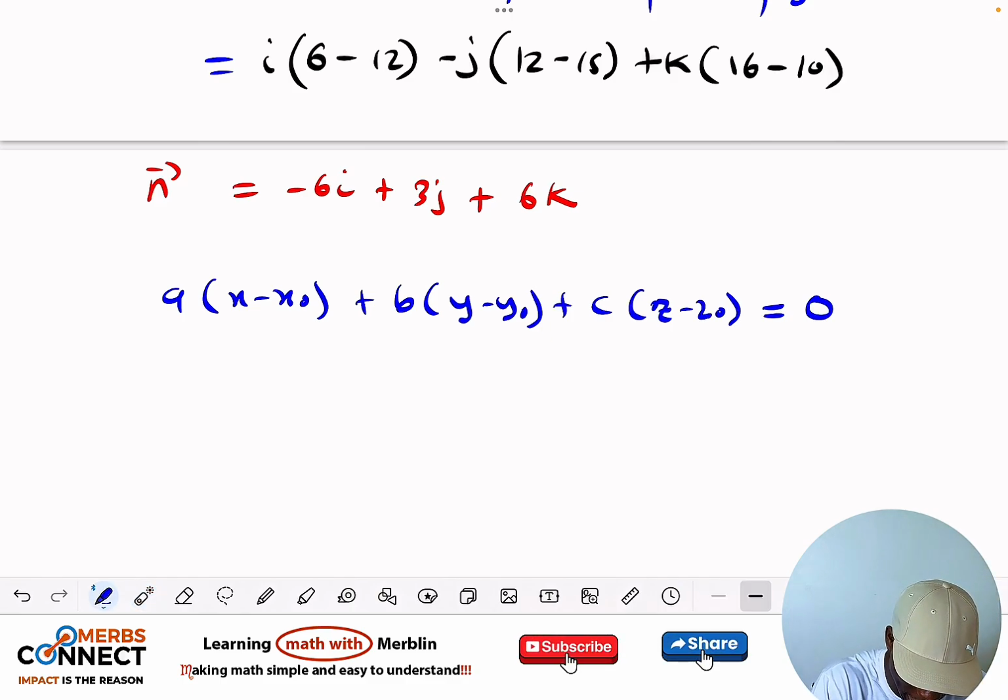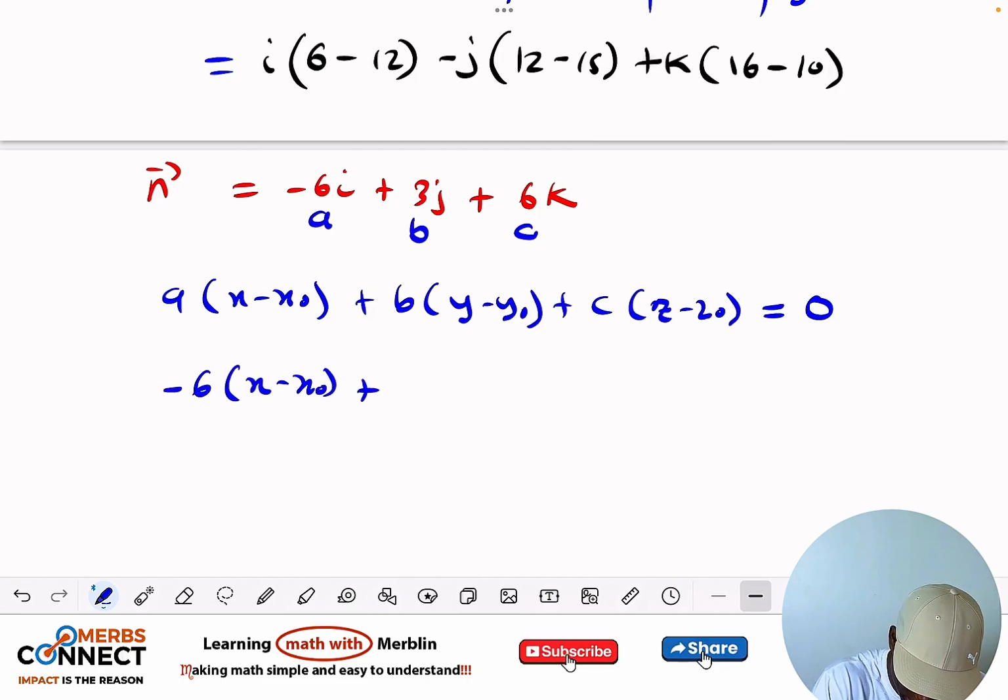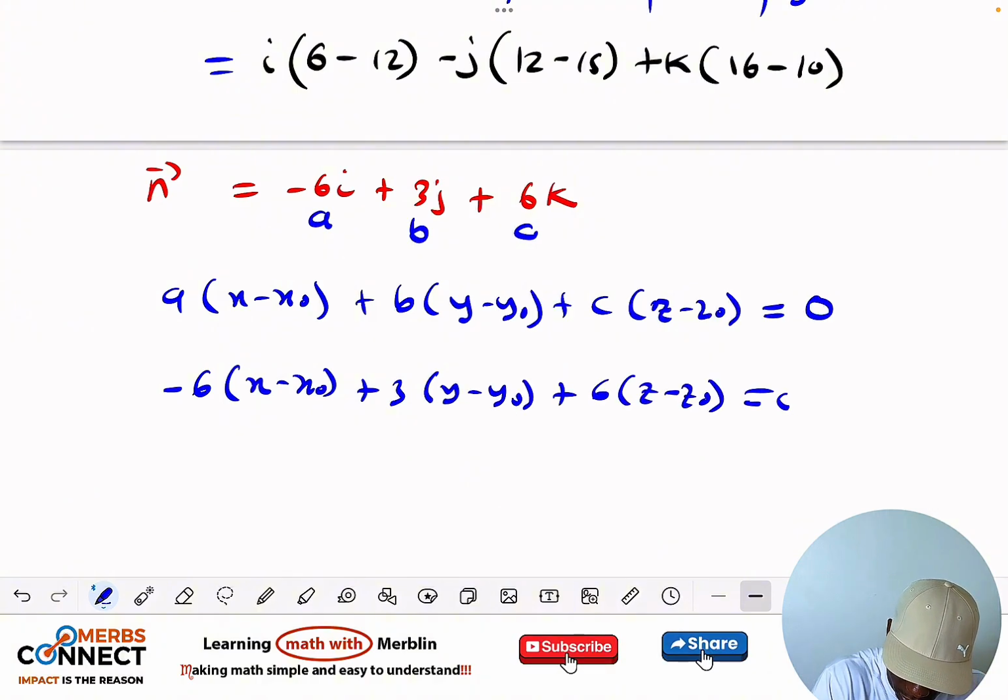So my a here is this, and this is my b, and this is my c from the normal vector. So this is going to give us something like this: minus 6(x minus x naught) plus 3(y minus y naught) plus 6(z minus z naught) is equal to 0.